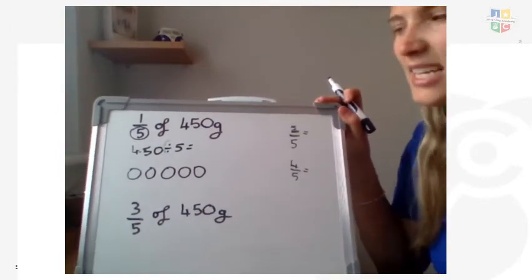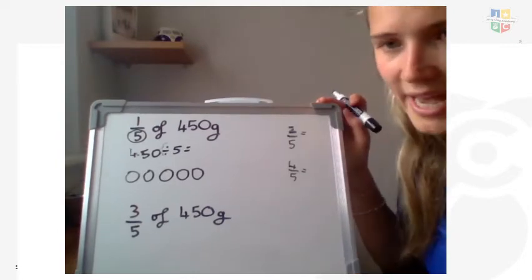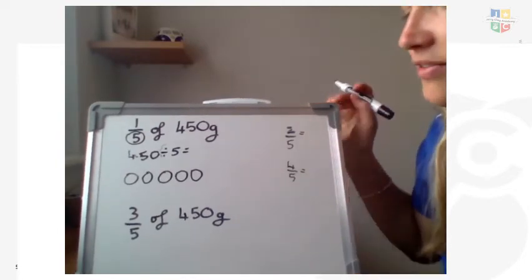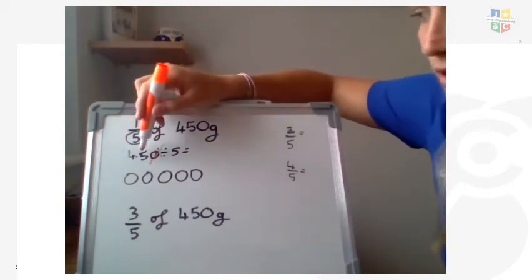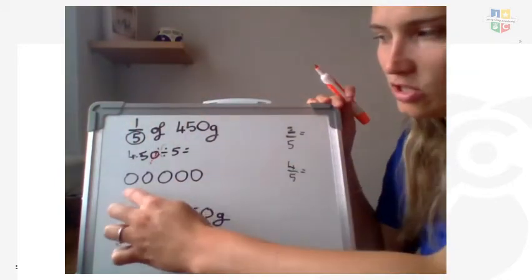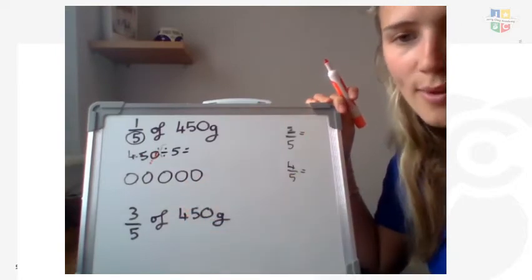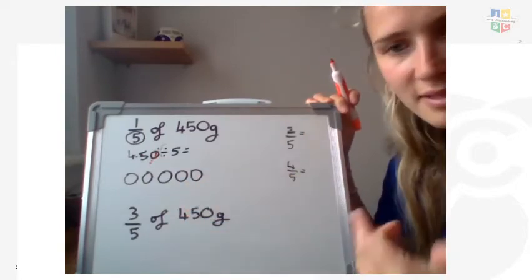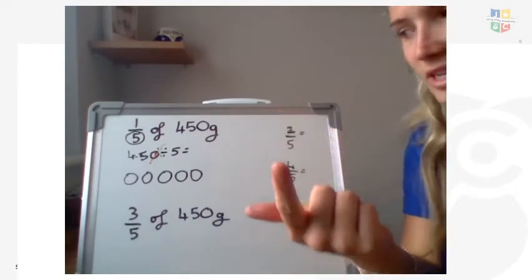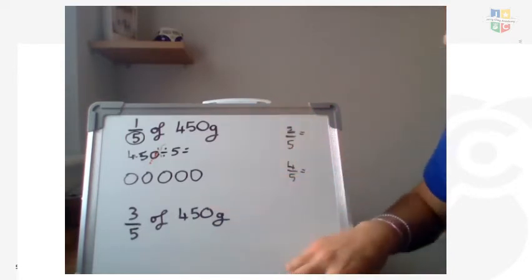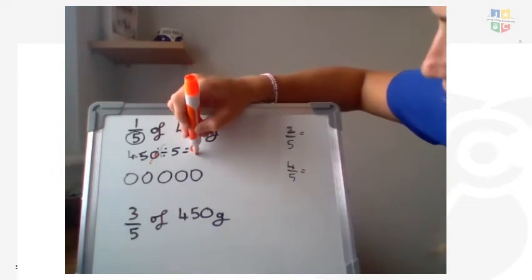However, 450 is a huge number and we're not going to dot that or count up in 5s all the way to 450. We can therefore take off my 0. 45 divided by 5, you can either dot it 45 times or we all know our 5 times table, so let's count up in 5s. 5, 10, 15, 20, 25, 30, 35, 40, 45. So I know 45 divided by 5 is 9.